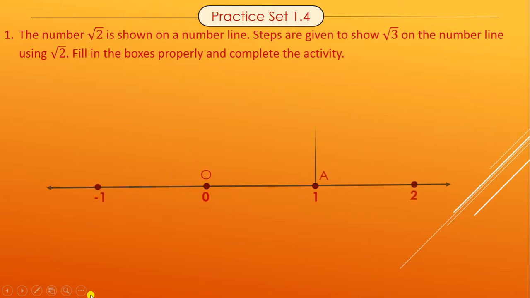Fill in the boxes properly and complete the activity. Here they gave us the figure of representing square root of 2 on the number line, and we have to represent square root of 3 on it. For this, the number less than 3 is 2, and square root of 2 is root 2.